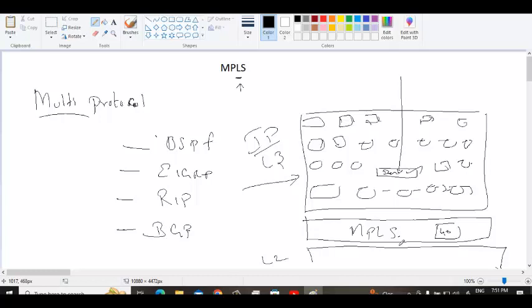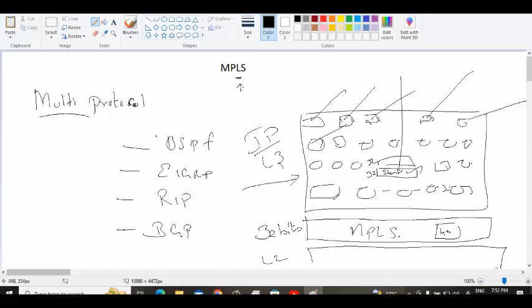Very good assumption. Just 32 bits only, not bytes. It is bits only. You see, here the destination IP address itself is 32 bits, and the source IP address is another 32 bits. And then the protocol field, QoS field, fragment bit, optional field, TTL field, a lot of fields.